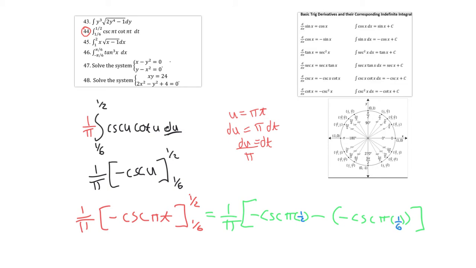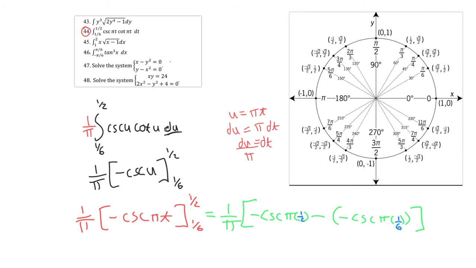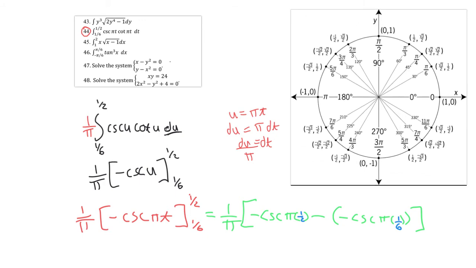So my question therefore is, what is negative cosecant of pi over 2? Well, cosecant is the reciprocal of sine, and sine of pi over 2, if you look at the unit circle, is 1.